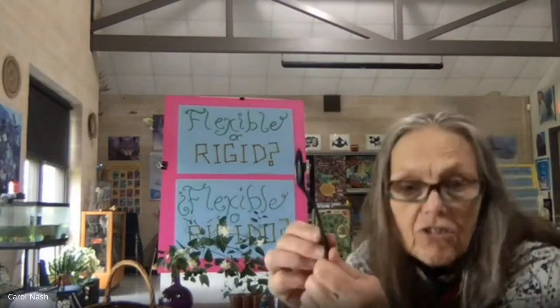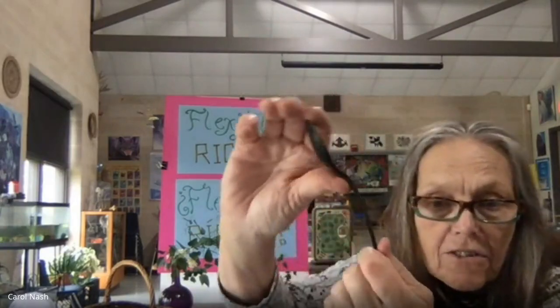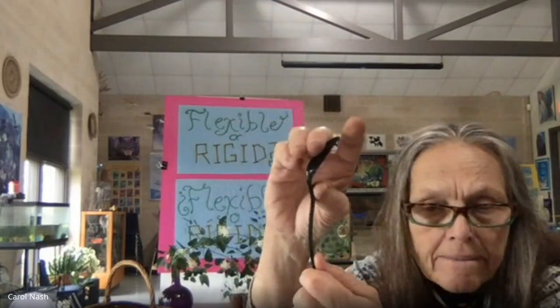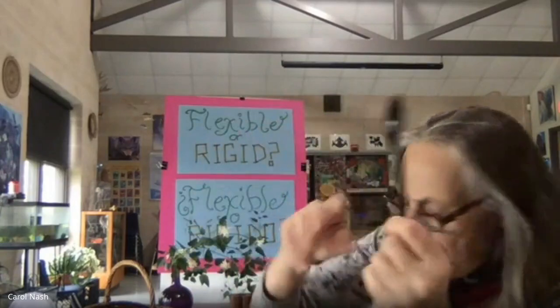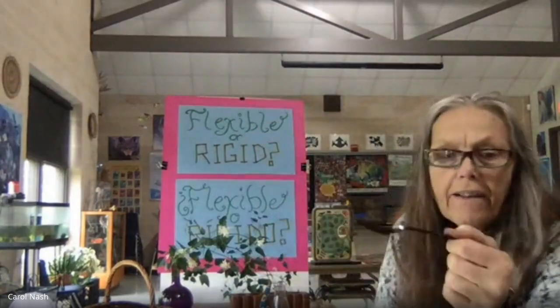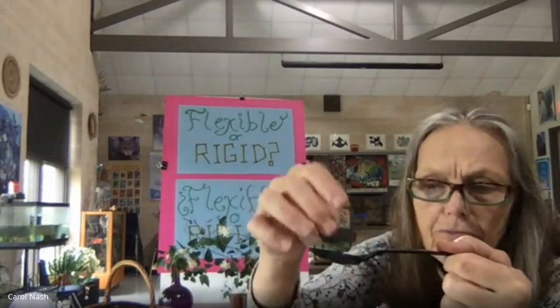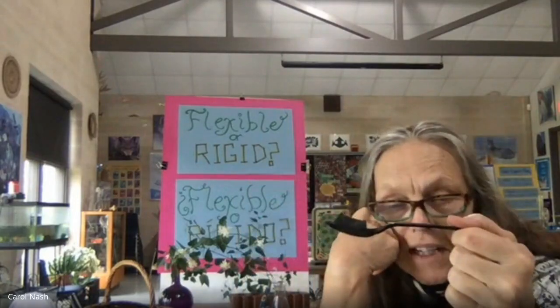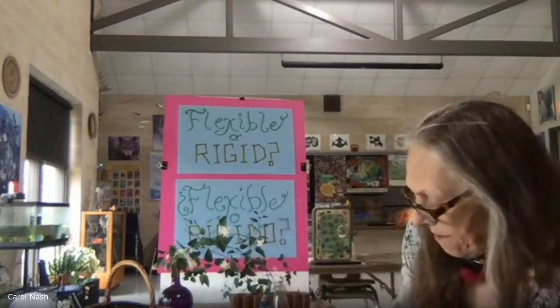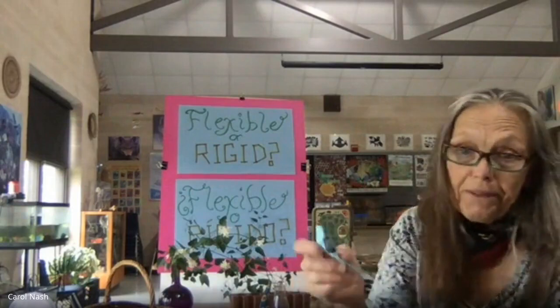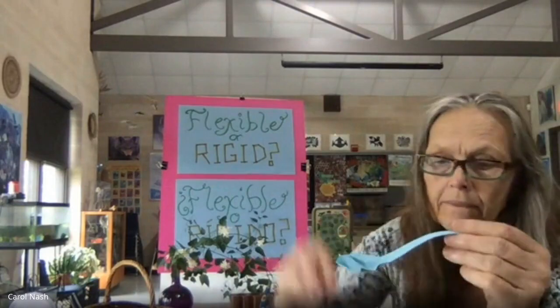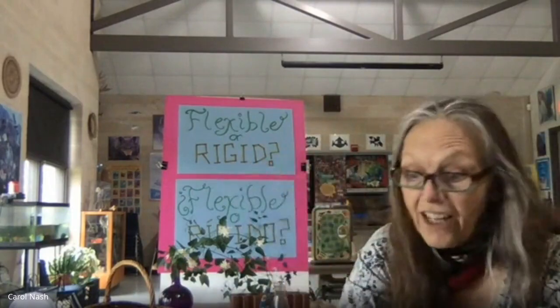My plastic spork here is quite easily bent, but it's still pretty strong. So if I have a plastic spork, it'll hold my rock. However, if I had a paper spoon I made, that just doesn't work.